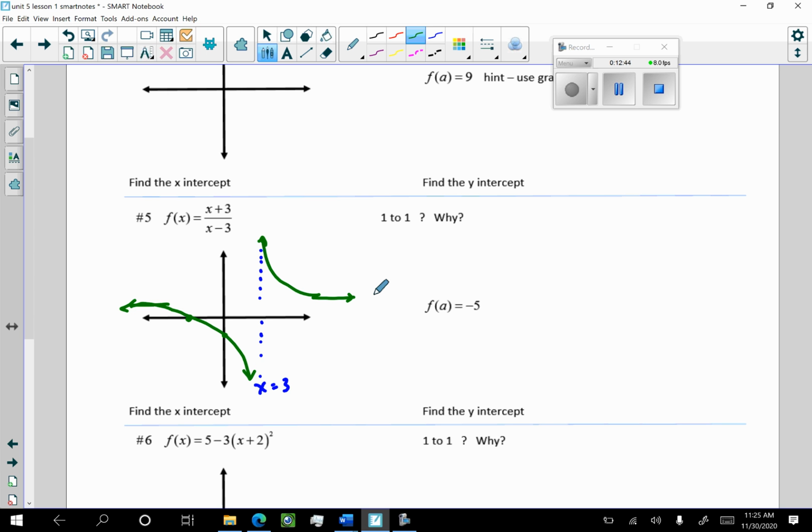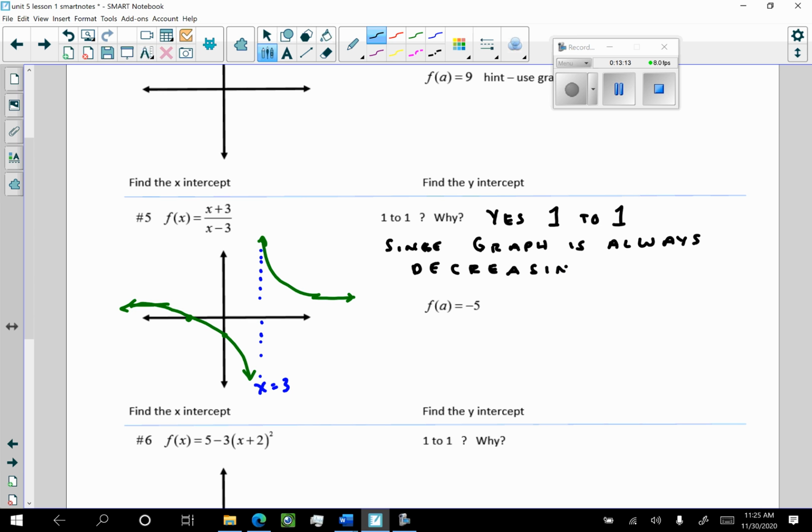And this particular graph, is it 1-to-1? Yes, it is 1-to-1. Why? What's the graph always doing? The graph is always decreasing.